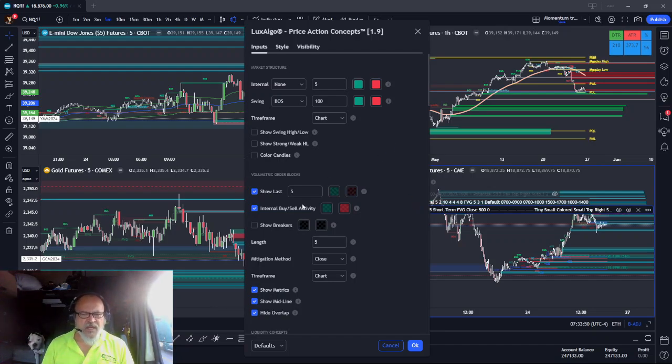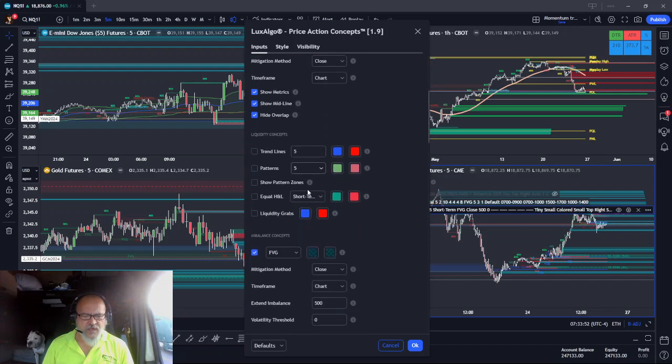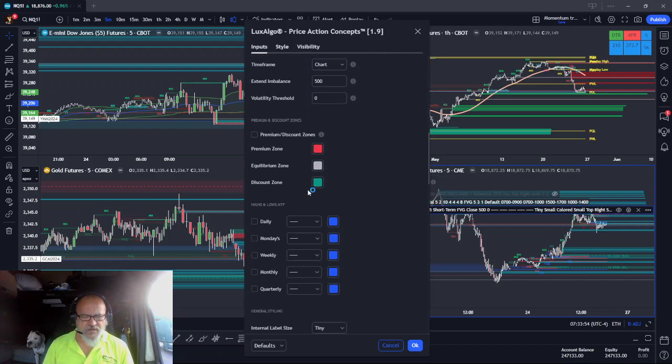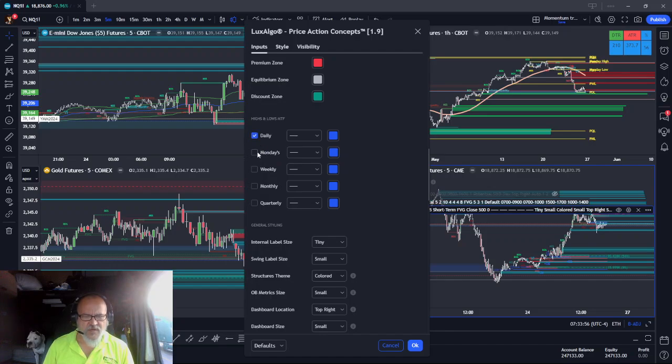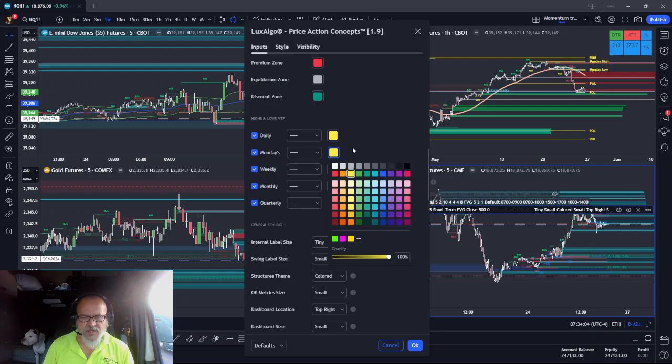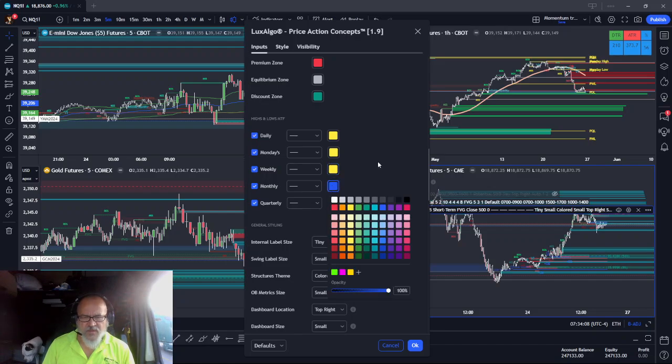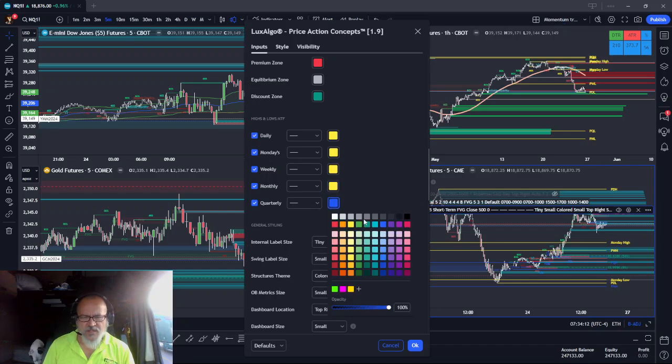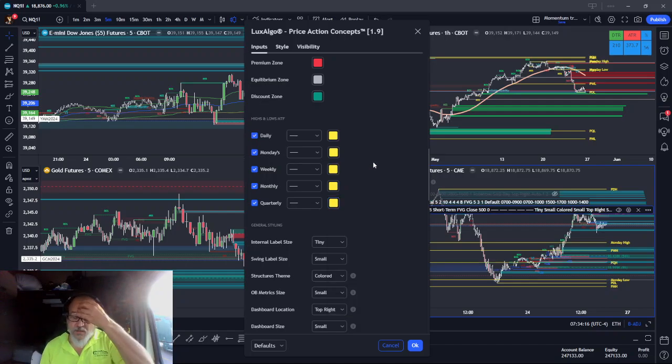I have kind of figured something out for myself to make things a little bit easier in the way things show up. Basically, I am using LuxAlgo price action concepts, which is the paid indicator from LuxAlgo.